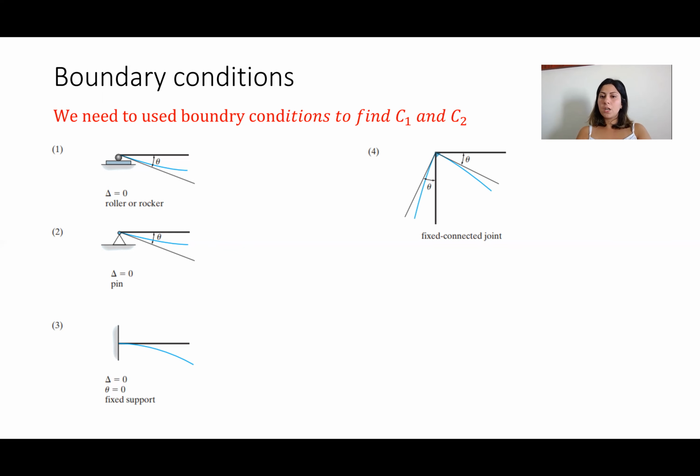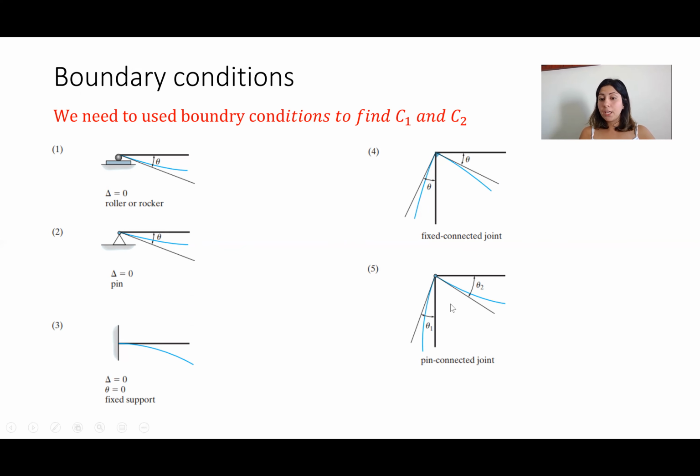Just remember, as I told you, if you have a rigid joint, the rotation on both sides is equal because they move together and the angle here stays constant. So the rotation on the right-hand side must be equal to the rotation on the other side.